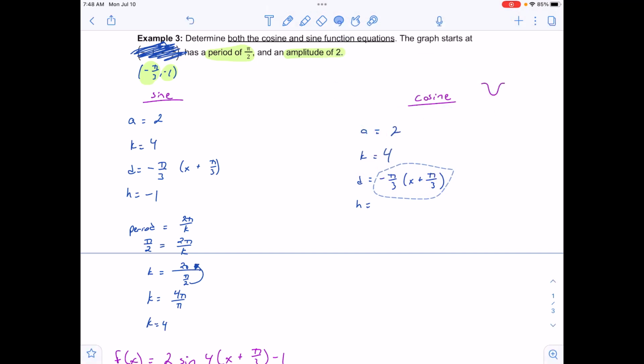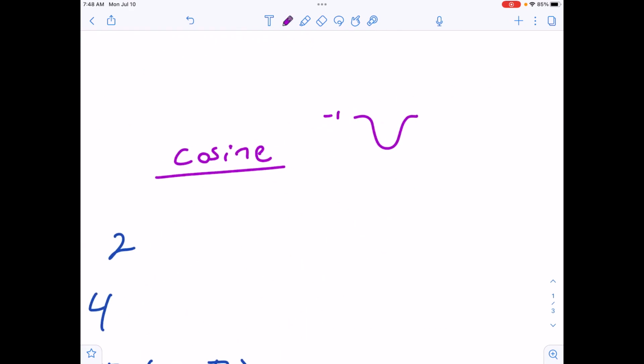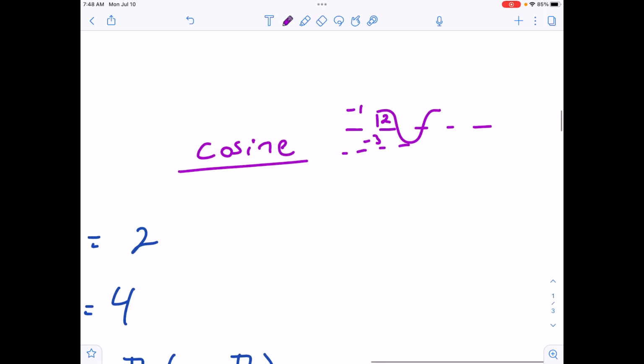The only real thing is going to be a vertical shift. So if my function is starting at negative 1, negative 1 is my maximum. If I have a midline here, and this distance is 2, then all the way down to my minimum, not that this really makes a difference, would be down to negative 3. What I'm actually trying to figure out here is my vertical shift. My vertical shift tells me the distance to the midline.